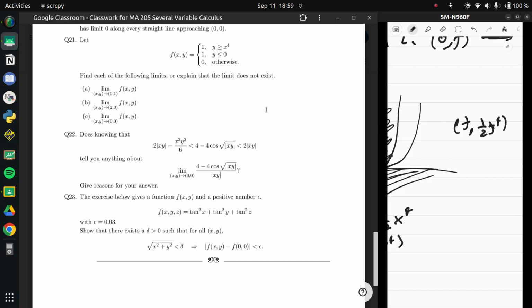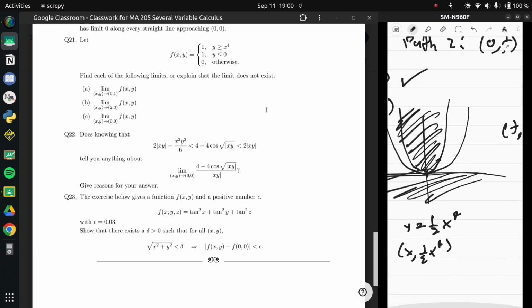So it's easy to see that y is less than x power 4, and y is strictly bigger than 0 because t is not yet 0. So what that means is it's going to be 0 constantly. So then the limit as t tends to 0 of f of x of t, y of t is going to be equal to 0.